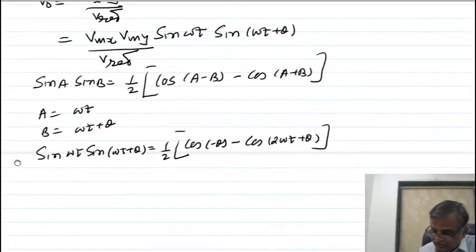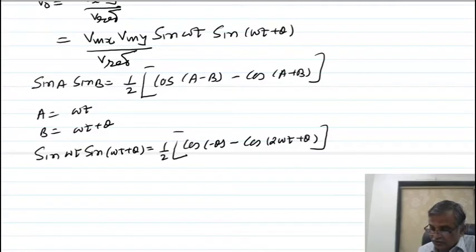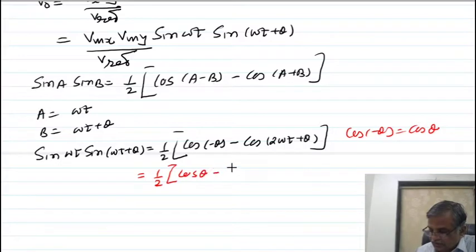And cos minus theta is cos theta. So I am writing this equation: 1 by 2 cos theta minus cos 2 omega t plus theta.